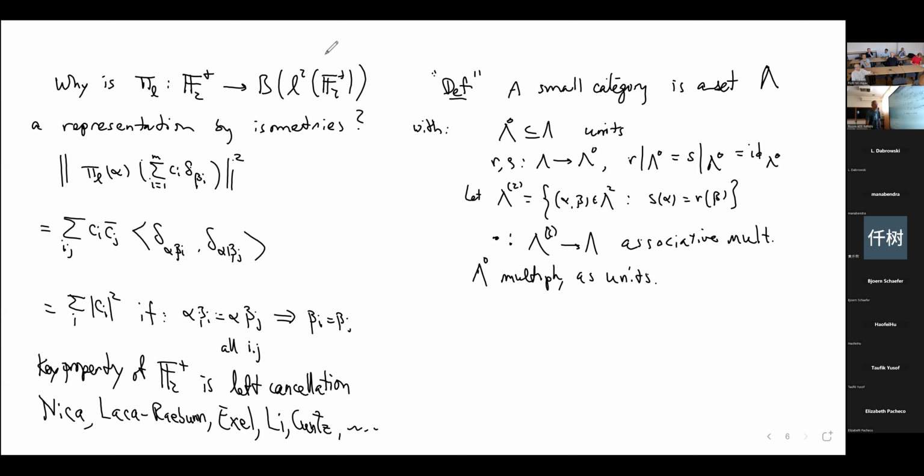I think every time I talk about this, I say that I don't actually know the correct, precise definition of a small category. We all know what a category is. A small category is just a category whose objects form a set. But this is really what we have: an internal category in the category of sets.